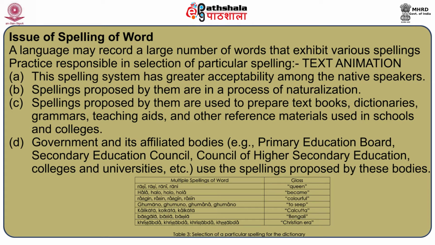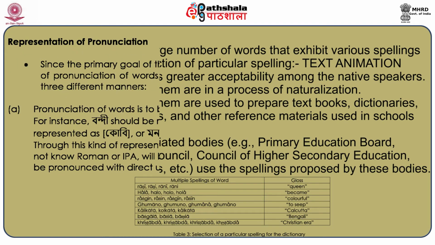Spellings proposed by them are used to prepare textbooks, dictionaries, grammars, teaching aids, and other reference materials used in schools and colleges. Government and its affiliated bodies, colleges and universities use the spelling proposed by these bodies. At certain situations, however, we can consult dictionaries produced by private agencies, individuals, and publication houses.